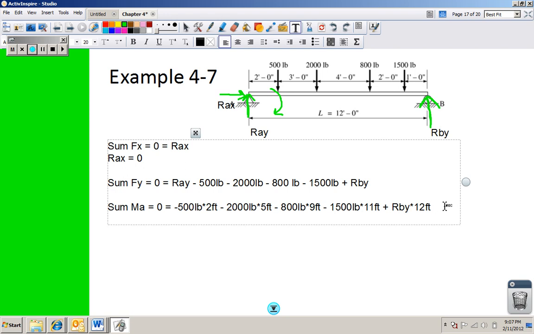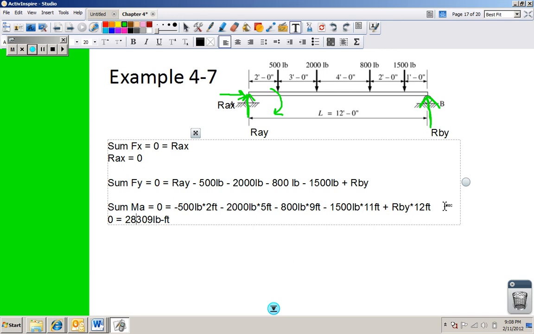So now if we do some combining of terms, we can solve for RBY in this equation. Alright, so let's do a little punching in our calculator. Okay, and I get 28,309 pound-feet.